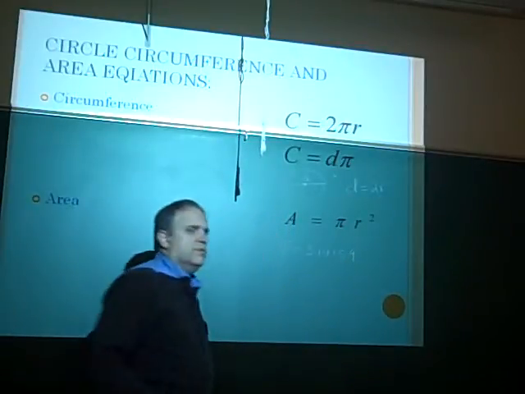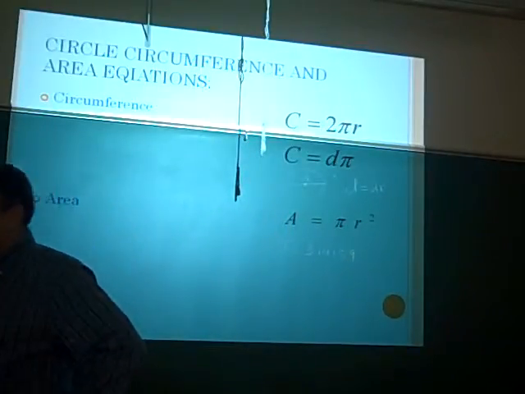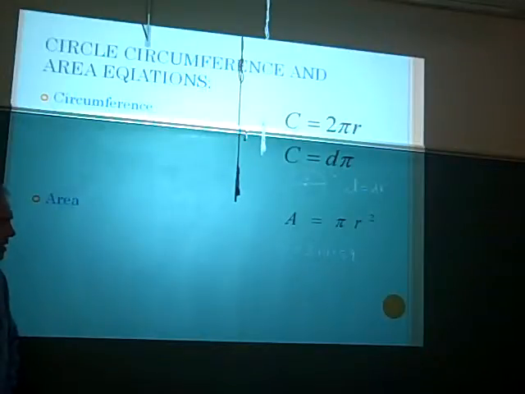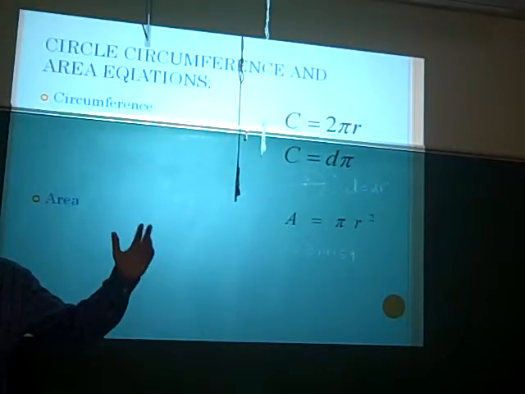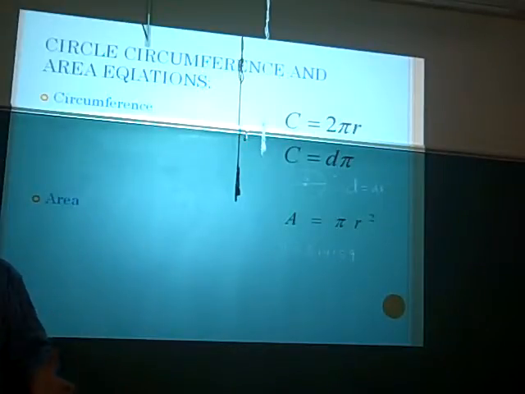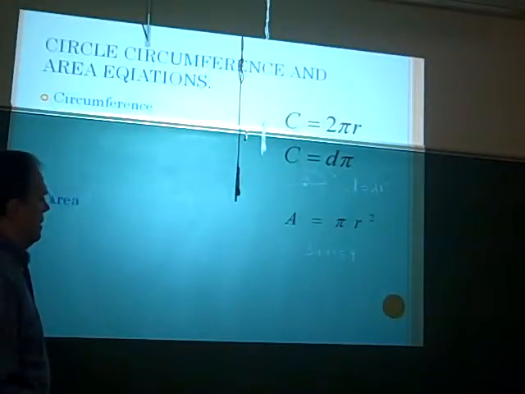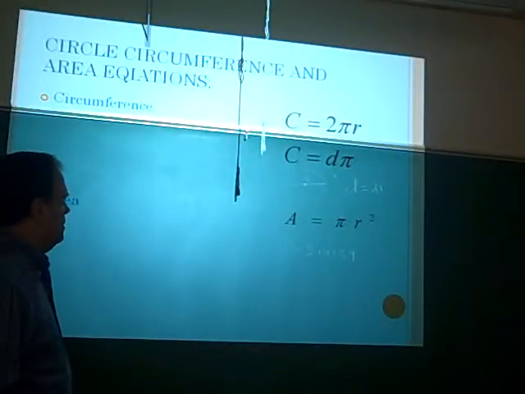Normally you're familiar with 3.14, but I ask that you go out 5 decimal places because sometimes with the larger numbers you don't get the accuracy with 2 decimal places, but with 5 you do for the problems that we're doing. So not having a pi button is not a problem.